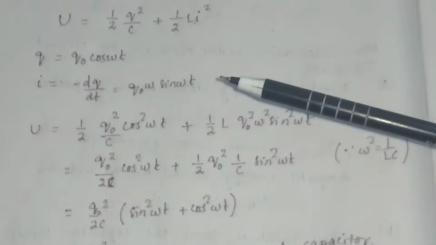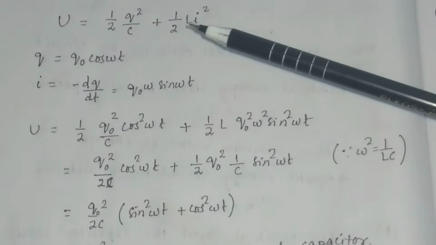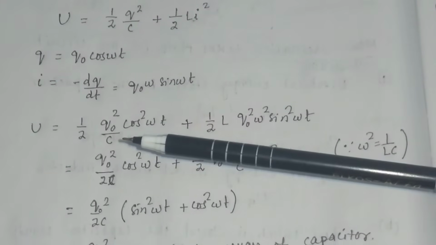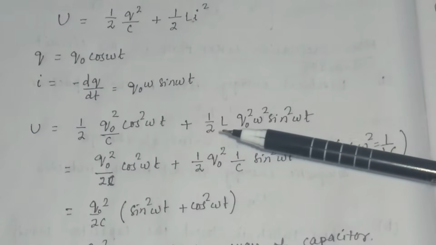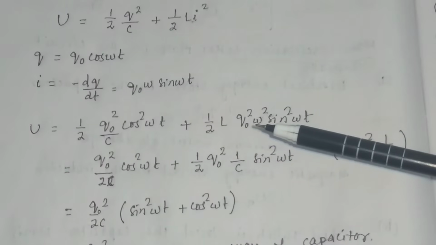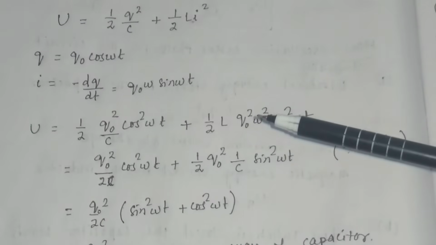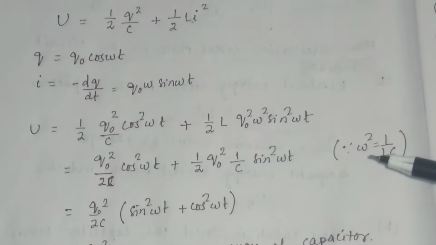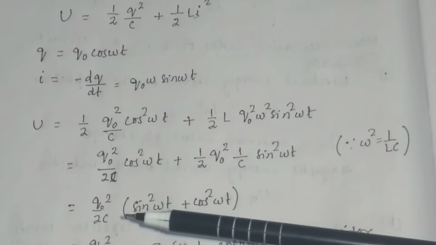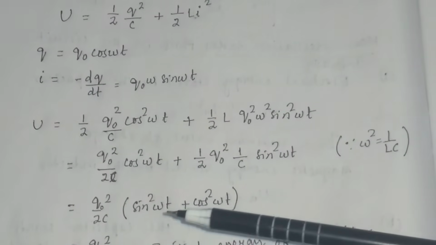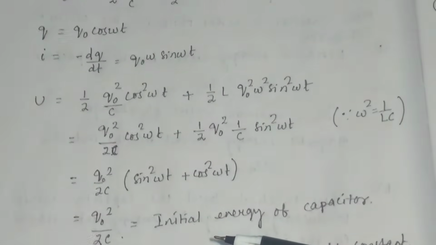So if you substitute the values of q and I here, then you will get u equal to half q0 square divided by c cos square omega t plus half L q0 square omega square sin square omega t. And if you substitute omega square equal to 1 by LC, and take common q0 square by 2c, in the bracket you have sin square omega t plus cos square omega t, which is equal to 1.